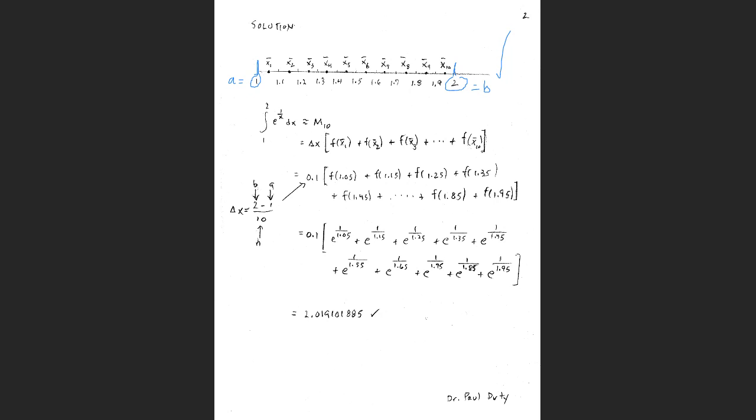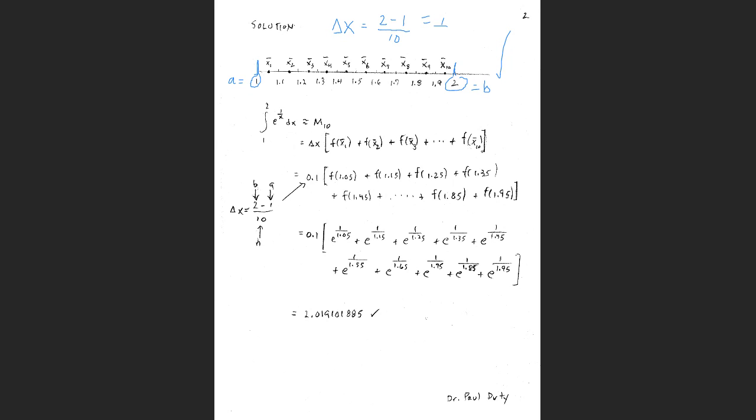If I think about delta x, recall that when you have subintervals, delta x is the length of each subinterval. So I'm going to take my endpoint 2 and my beginning point 1, and divide by 10 because that's the number of subintervals.